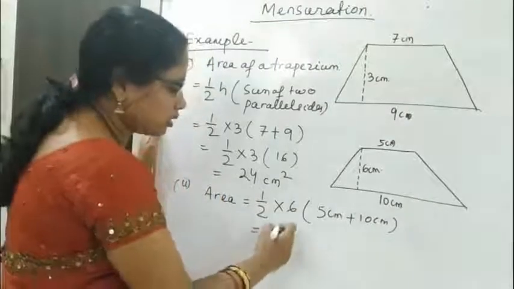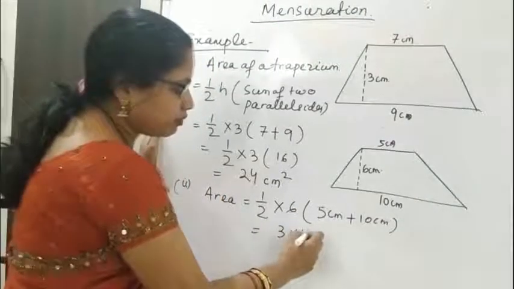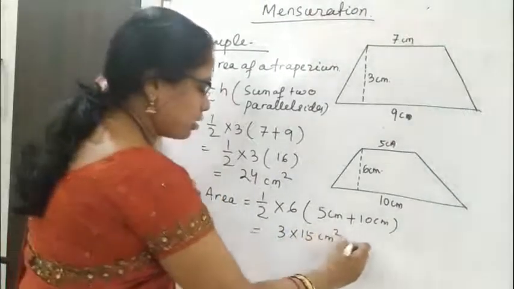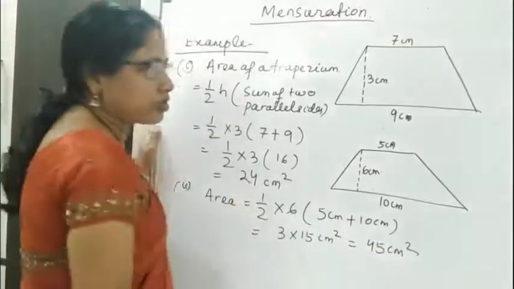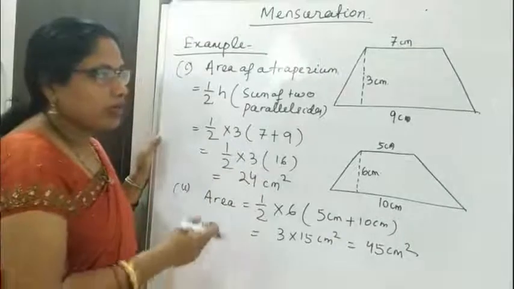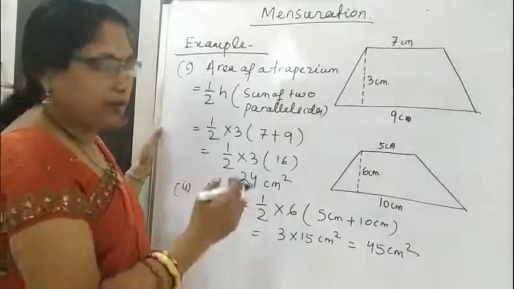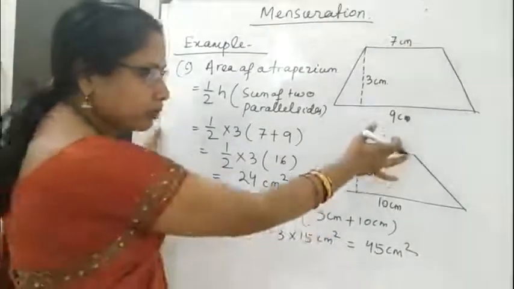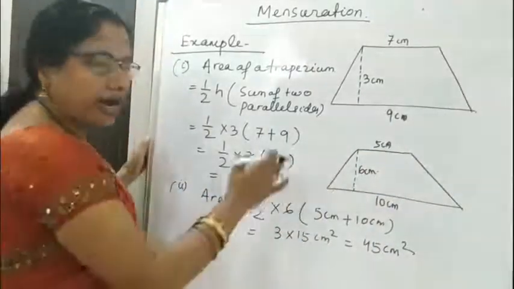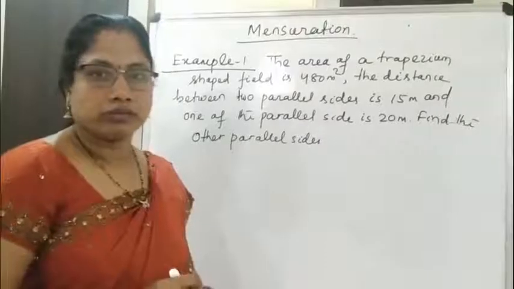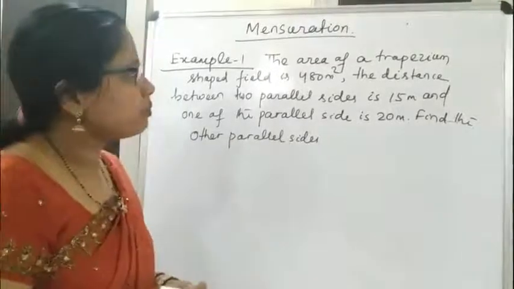So this is equal to 3 multiplied with 15 centimeter square. So this is equal to 45 centimeter square. So in this way we can find the area of a trapezium if the two parallel sides and the height are given. So let us solve example 1.